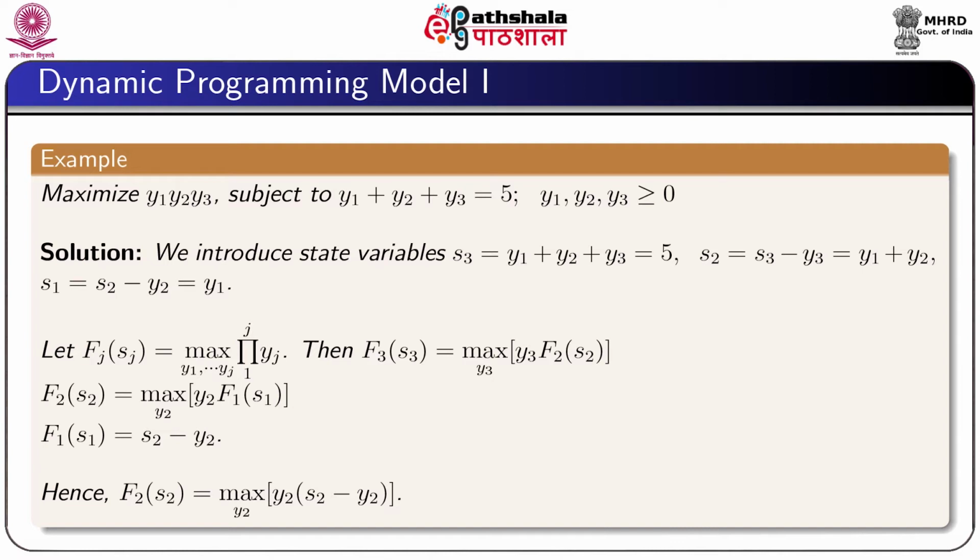Here we introduce the state variables S3, S2 and S1, where S3 equal to Y1 plus Y2 plus Y3, which is equal to 5, and S2 equal to S3 minus Y3, which is equal to Y1 plus Y2, and S1 equal to S2 minus Y2, which is equal to Y1.